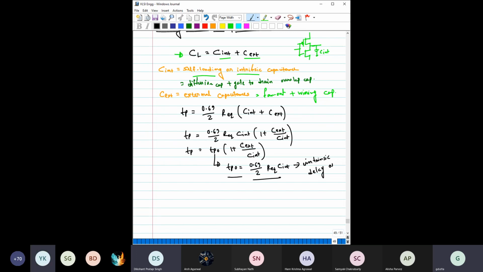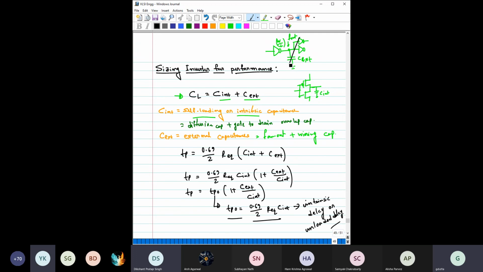That means if you have not connected any load, then also this much delay would be there because of the self-loading or intrinsic capacitance. That's why we have represented the total propagation delay in terms of the intrinsic capacitance and a combination of the external and internal capacitances.